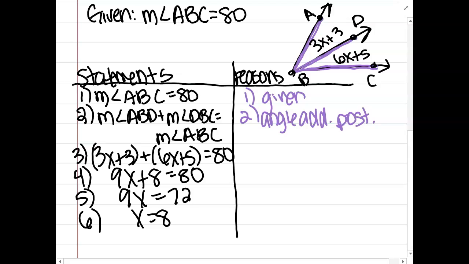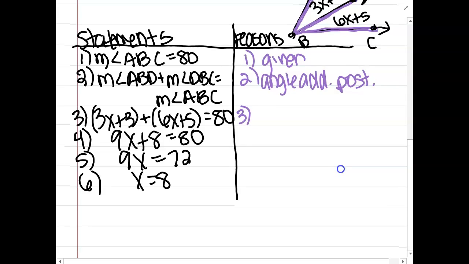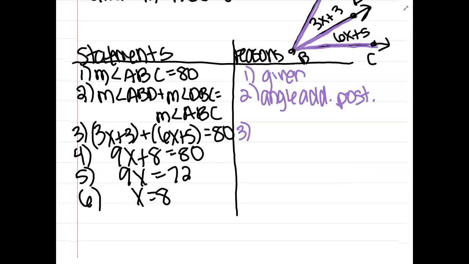Okay, now, from step 2 to step 3. This is the one I think that we're gonna see a lot, okay? But kind of getting the hang of this is gonna be the one that's kind of tricky. So they go from, okay, well I can take this angle plus this angle and give me this, to, well, 3x plus 3 plus 6x plus 5 equals 80. What did they do? They did the same thing though, didn't they? You're exactly right.